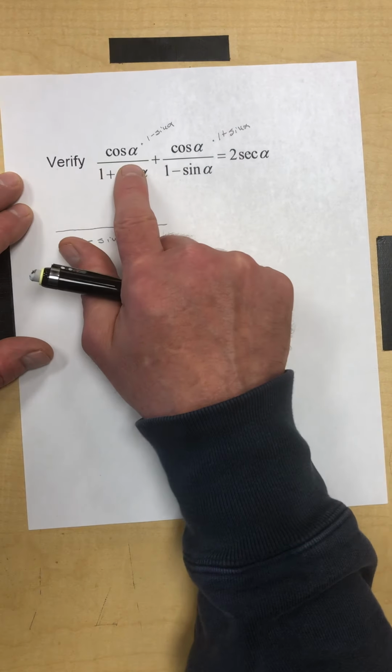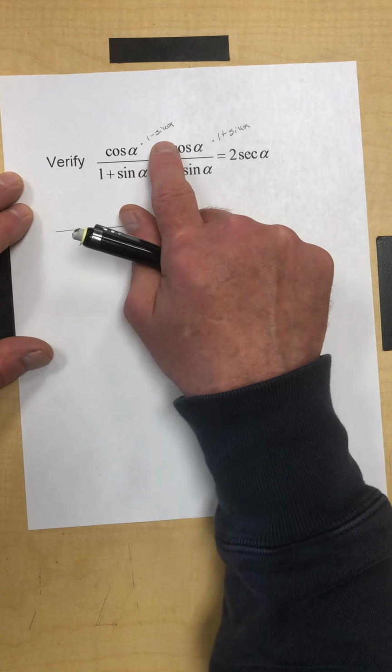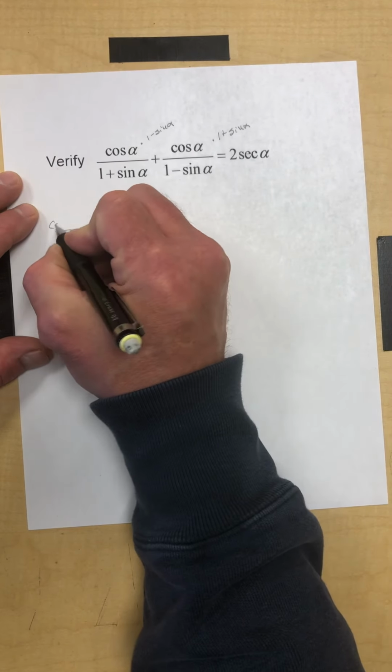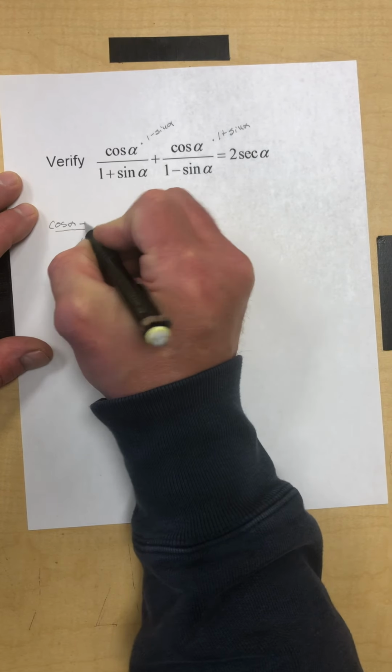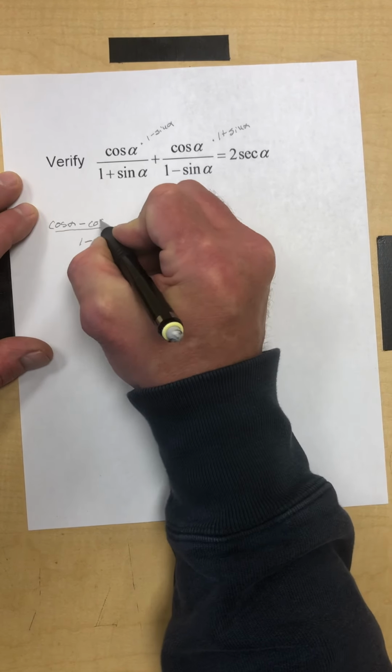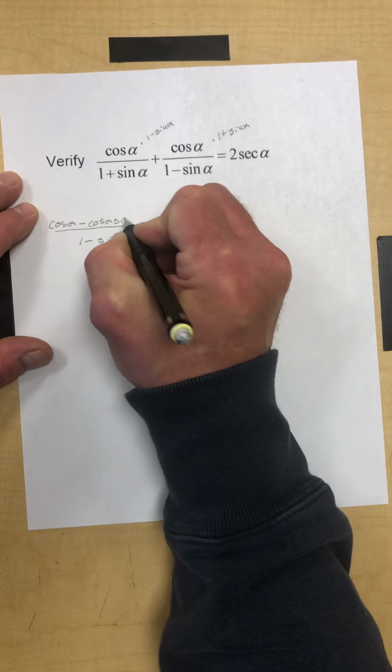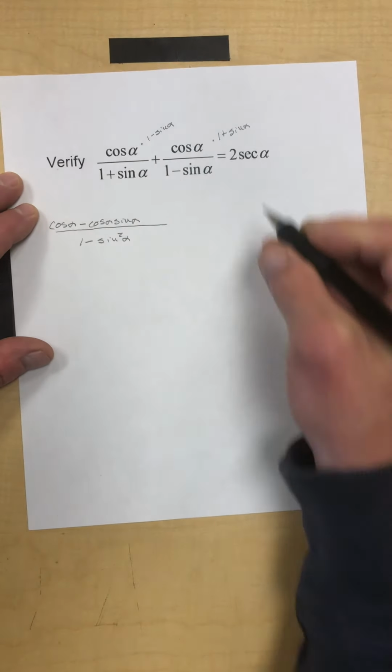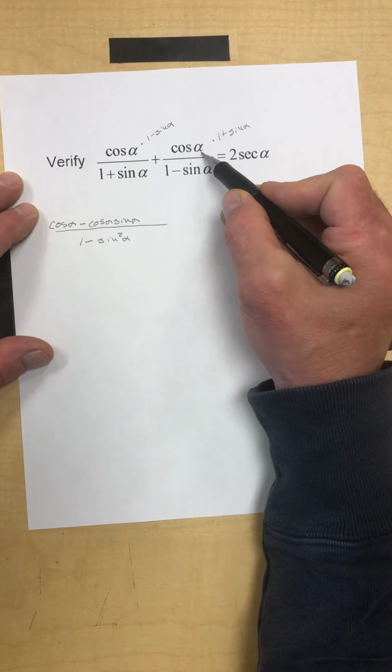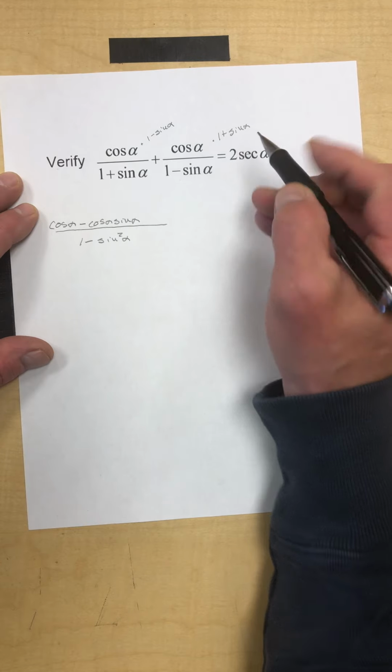Okay, so let's see. Over here, I take this cosine alpha and multiply by 1 minus sine alpha. Okay, so I'm going to distribute that cosine alpha. So let's see, I get cosine alpha minus cosine alpha sine alpha. Okay, over here I multiply the cosine alpha by 1 plus sine alpha.